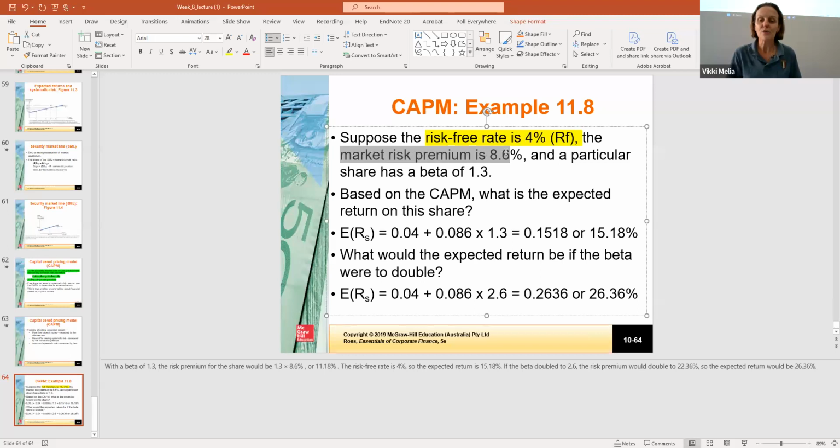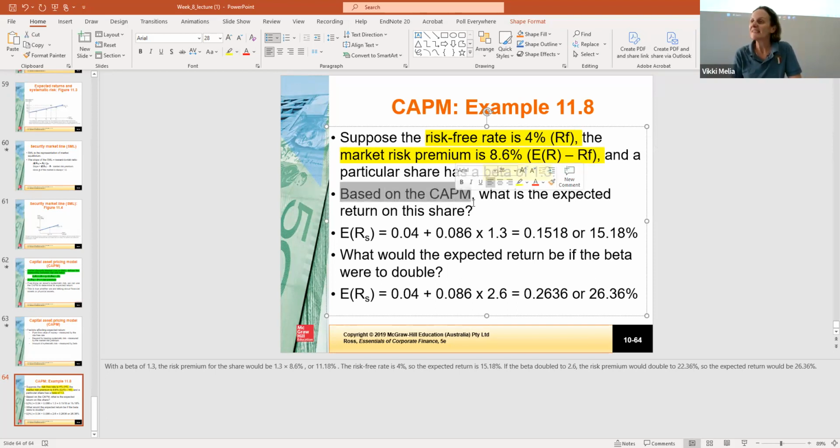The market risk premium is 8.6%. So that's our expected return minus the risk-free rate is our market risk premium. And beta is 1.3.